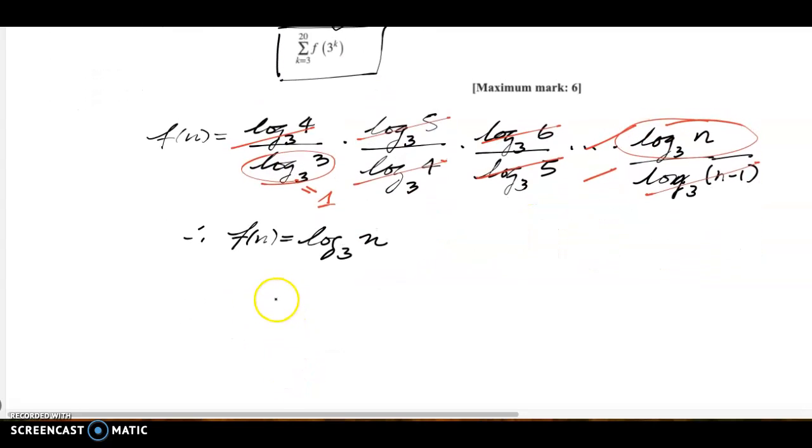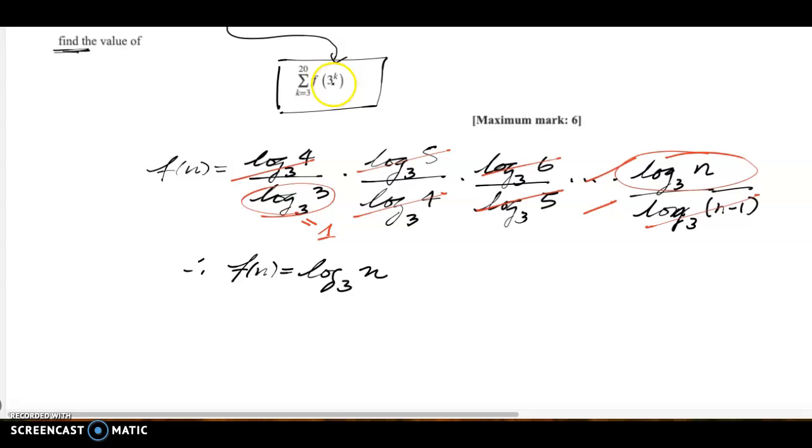So I can say, really, your n here is 3 to the k. So really what we're dealing with is the sum of log base 3 of 3 to the k, right? That's what it's saying. It's saying this is log base 3 of f of n, and your n is 3 to the k.